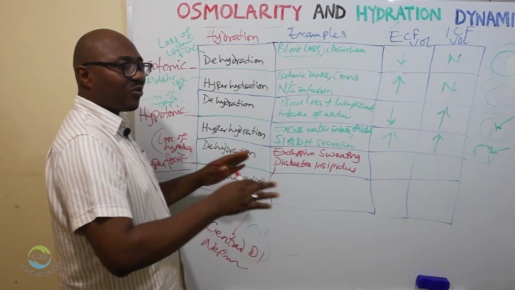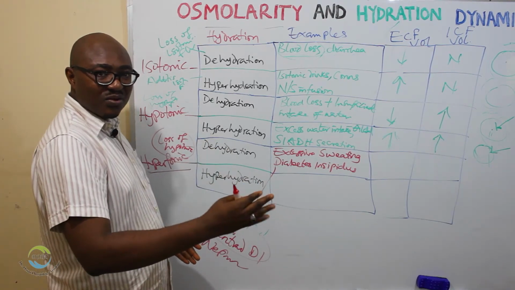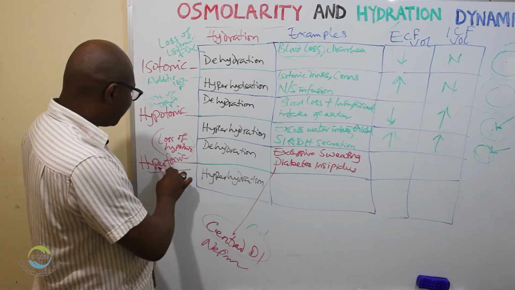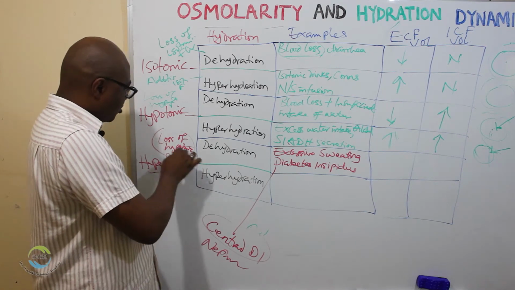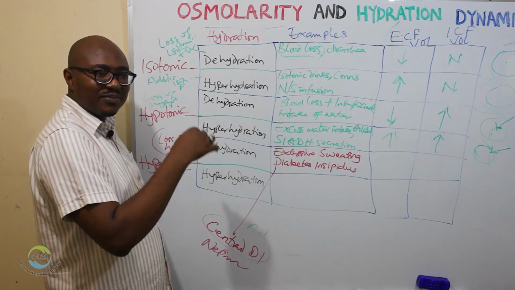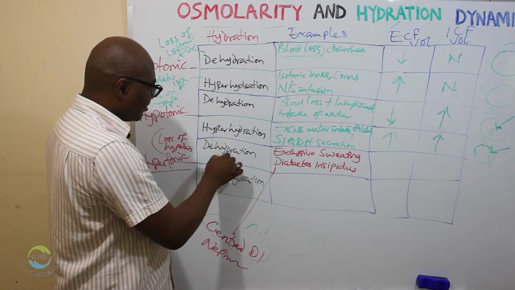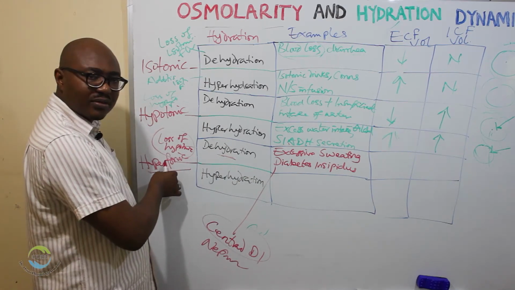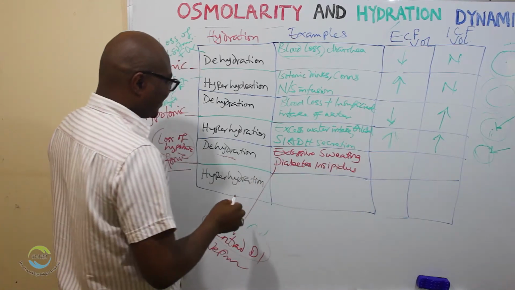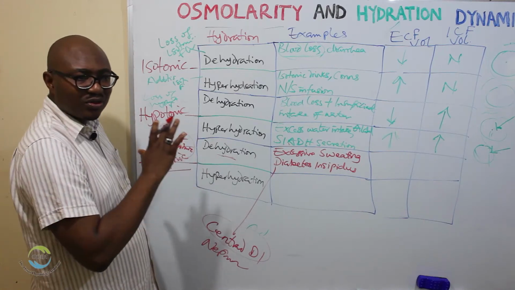So when you're excreting excess water that is very dilute, what will happen is that it will make your extracellular fluid hypertonic, because only water is being excreted. So there will be dehydration and a lot of sodium chloride will be left, making it hypertonic. So excessive sweating and diabetes insipidus, loss of hypotonic fluid.